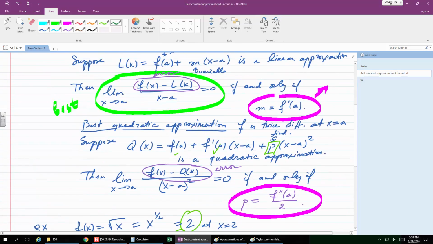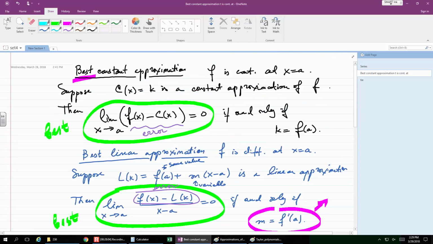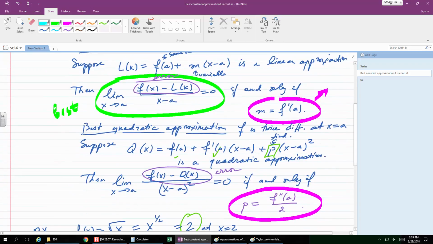I guess I should write it out. This is my main formula for the time being: the value, the first derivative, and the second derivative divided by 2.